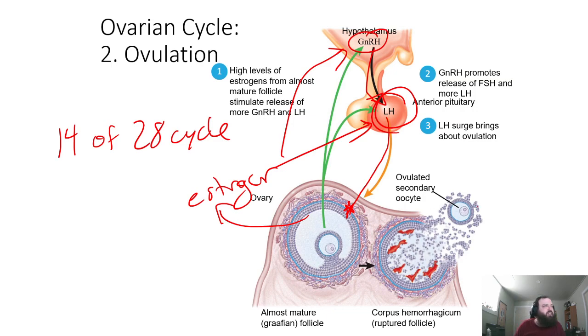During ovulation, the oocyte, as it's expelled into the fallopian tube, is still surrounded by its zona pellucida and corona radiata. But the key here is that positive feedback loop. First, you get a high concentration of estrogens, which stimulate GnRH and LH to be produced.